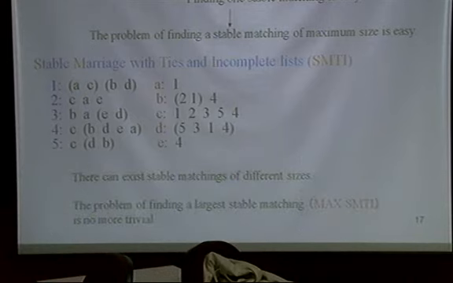So the situation completely changes. There can exist stable matchings of different sizes for one instance. So the problem of finding a maximum size stable matching is no longer trivial. And we are interested in this problem.